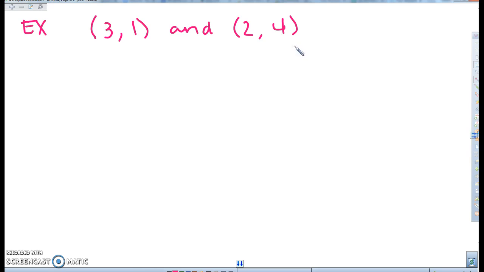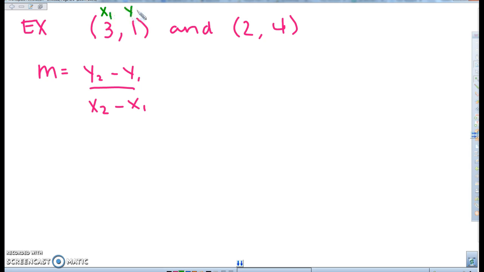And if you're thinking back to when we first talked about slope, you remember that we have an equation for slope. m equals y2 minus y1 over x2 minus x1. So I'm going to label my points, x1, y1, x2, y2.